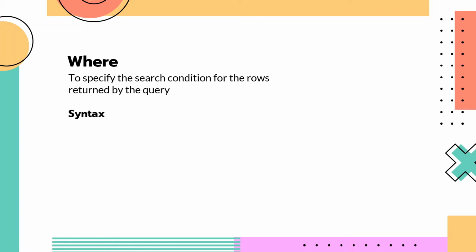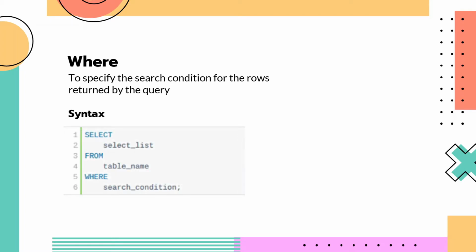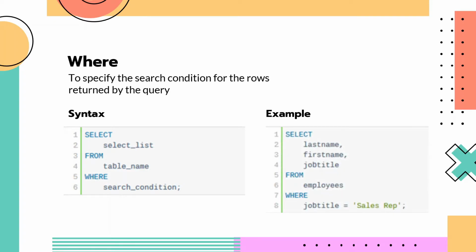This image shows the syntax of the where clause: select, then the select list, from table name, where, and then we specify the search condition. On the right side, we can see an example of using the where clause. This query is used to select lastName, firstName, and jobTitle from the employees table, where jobTitle is Sales Rep.